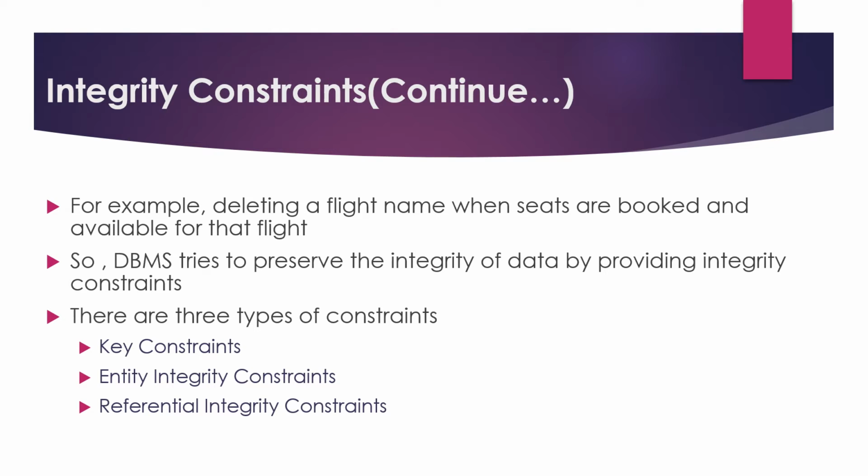So the DBMS tries to preserve the integrity of data by providing integrity constraints, and there are three types of integrity constraints. First one is key constraint, second one is entity integrity constraint, and third one is referential integrity constraint.